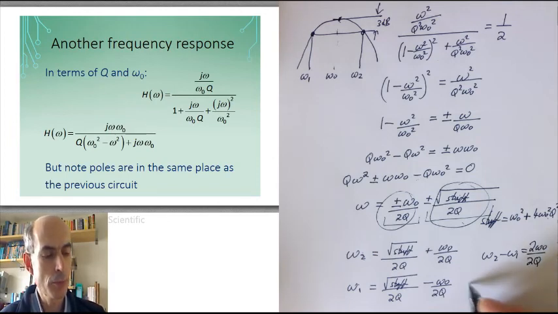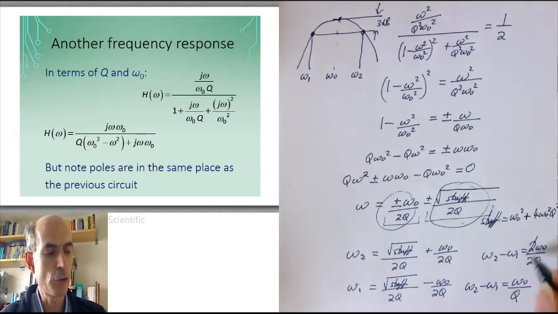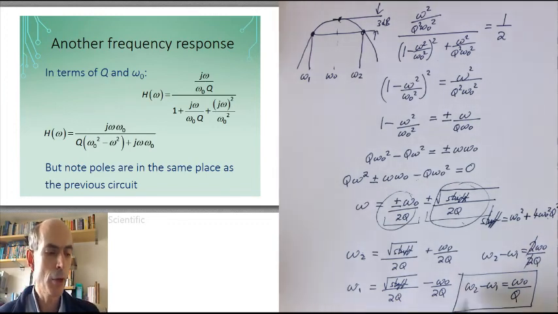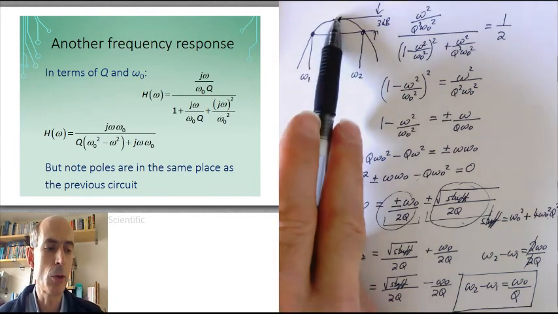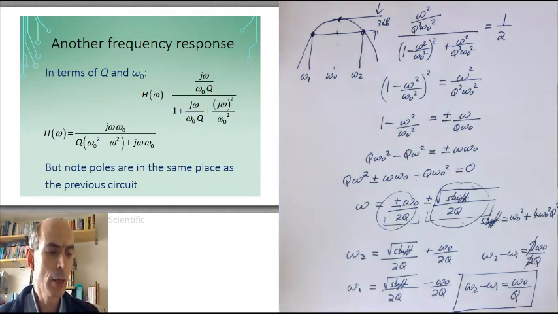In other words, omega 2 minus omega 1 is just omega naught over Q, because the 2's cancel. But omega 2 and omega 1 are the 2 frequencies which are 3 dB down on the maximum. So this difference, omega 2 minus omega 1, is the 3 dB bandwidth.